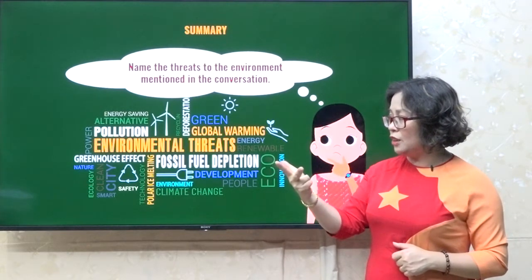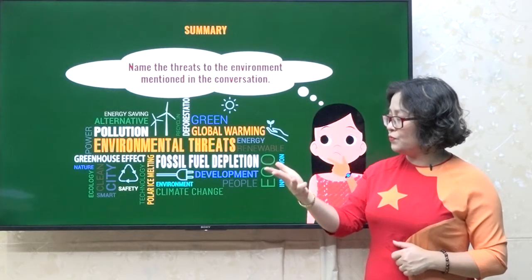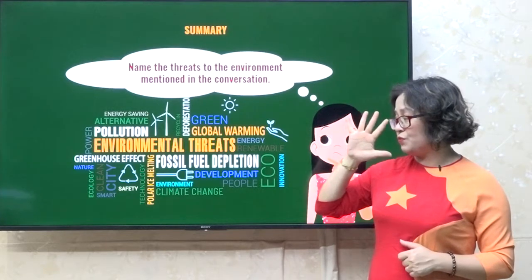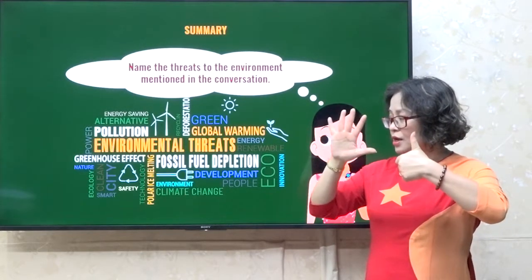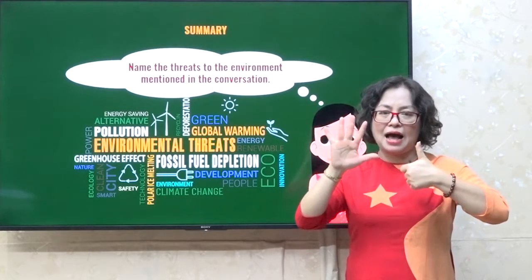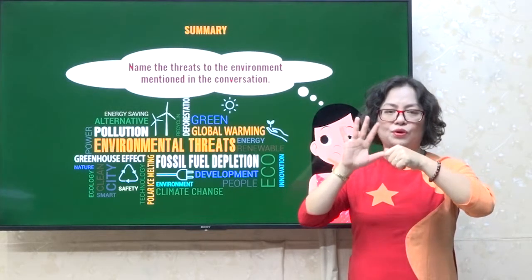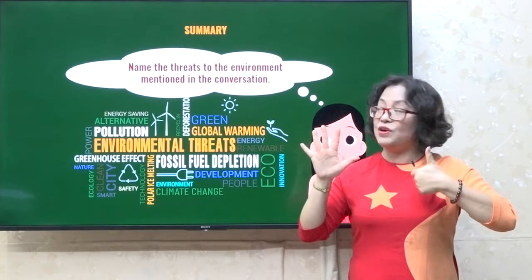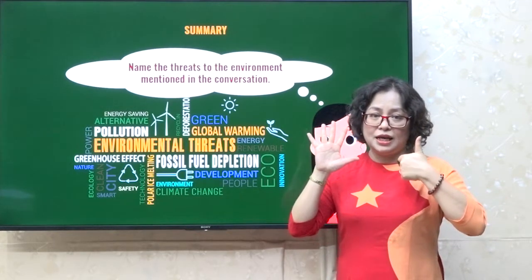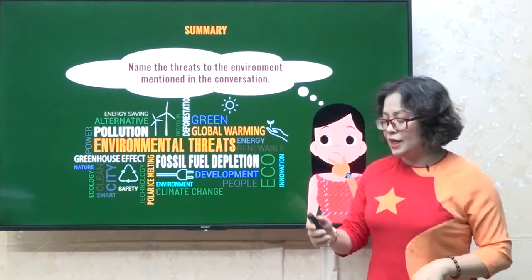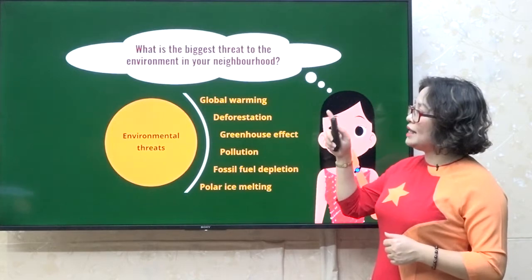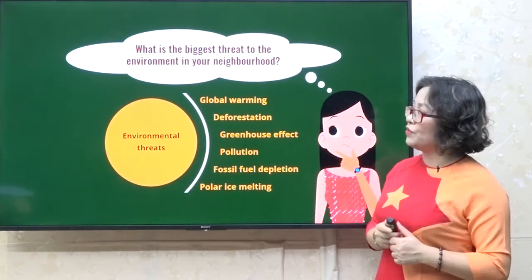Number 3, pollution. Number 4, greenhouse effect. Number 5, fossil fuel. And number 6, polar ice melting. And here are 1, 2, 3, 4, 5, 6 environmental threats.